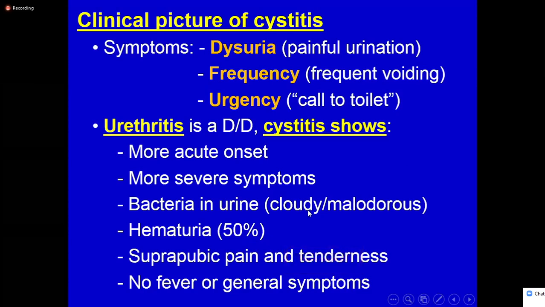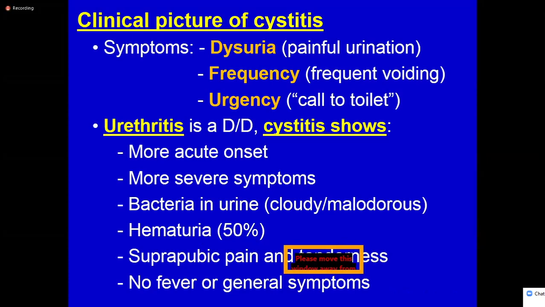The bacteria in urine make the urine cloudy and malodorous, meaning it has a bad smell. Hematuria is present in 50% of the cases. Suprapubic pain and tenderness: when you palpate, when you put your hand at the suprapubic area where the bladder is present, you find it painful and tender. No fever or general symptoms accompany both conditions.